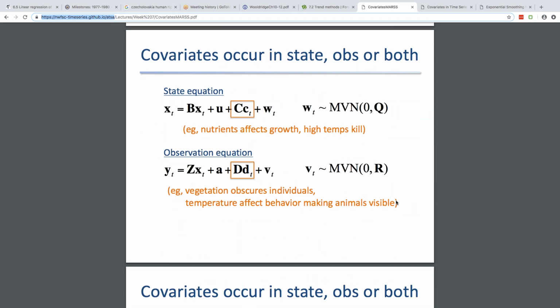Right, so as I said, we can either have these covariates appear in the process model or in the observation. When written like this, these W and the V are assumed to be independent. Not identical, but independent.